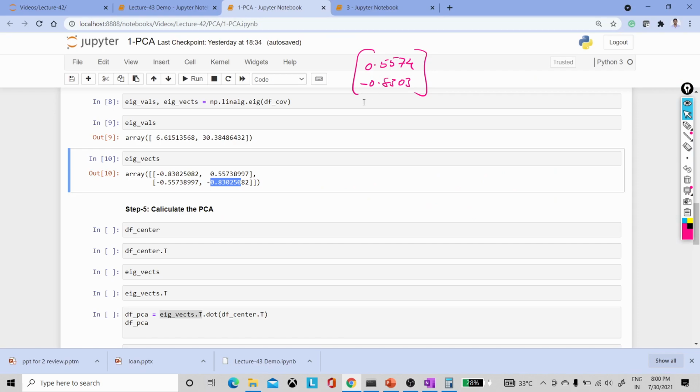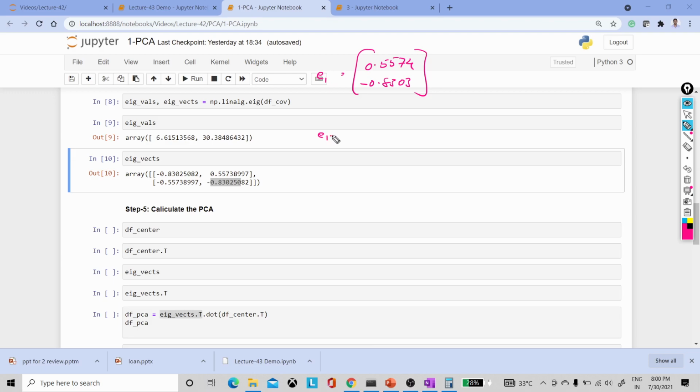So we need to calculate the first principal component values. For that purpose we have to use the formula. This is the E1, and we can convert it into the transpose.